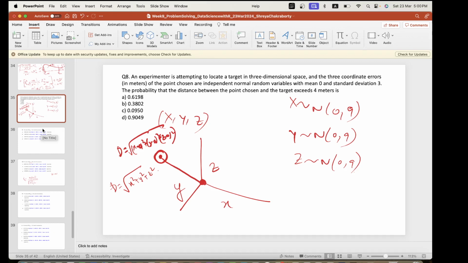But I'm not allowed to discuss assignment questions as such, so I just gave you a hint. Try to solve it. You have x, y and z distributions given. You just have to find the distribution of the square terms.